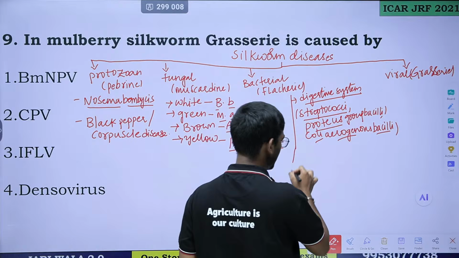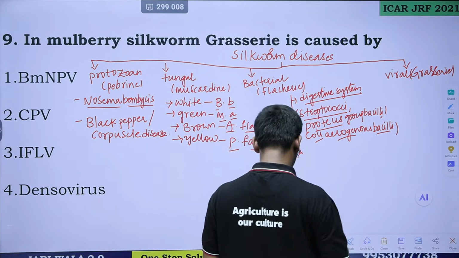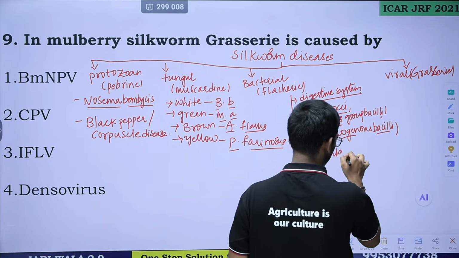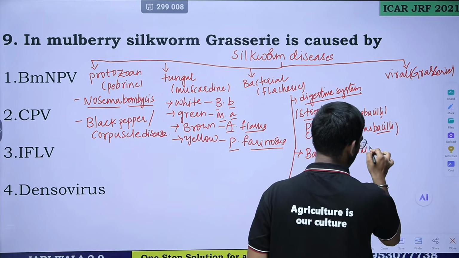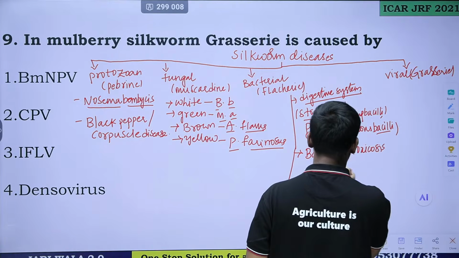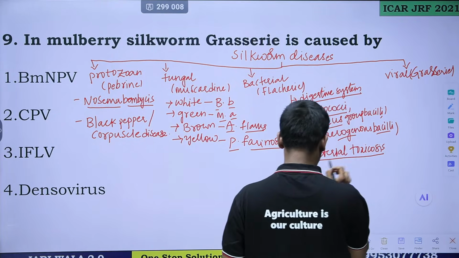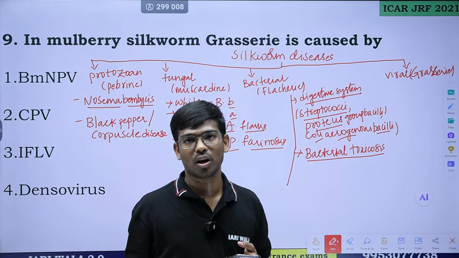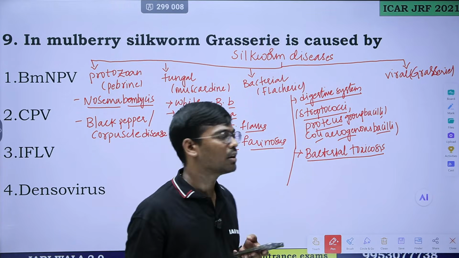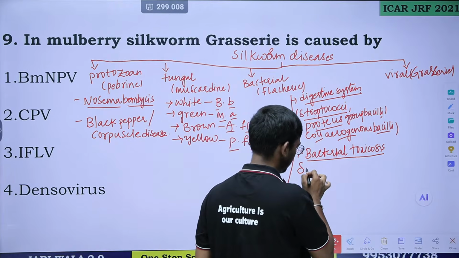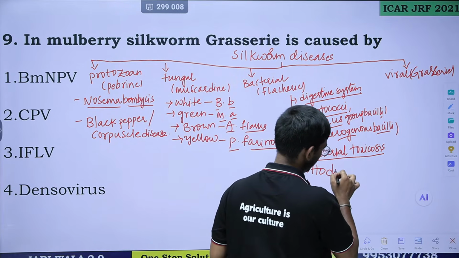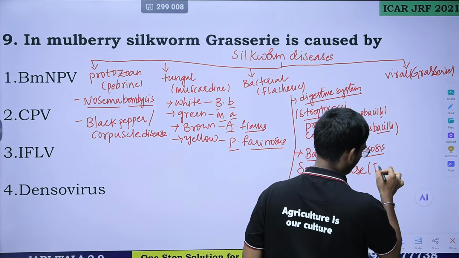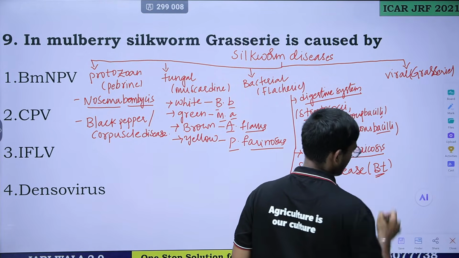Then again, coming to the second category, we have bacterial toxicosis. This disease is specifically called Sotto disease, which is caused by Bacillus thuringiensis, or BT.